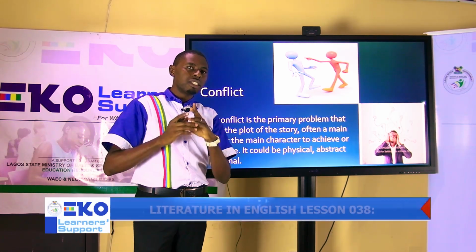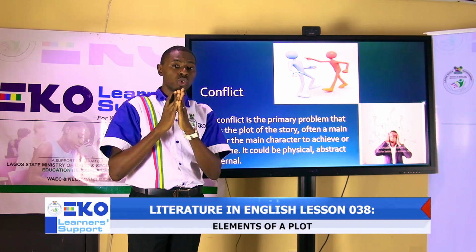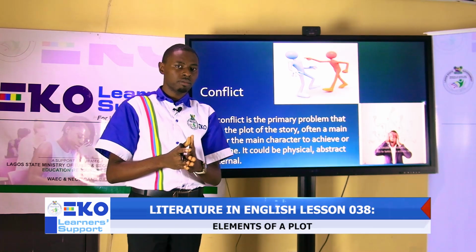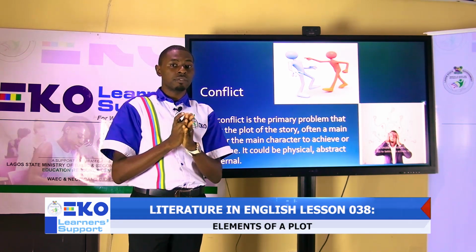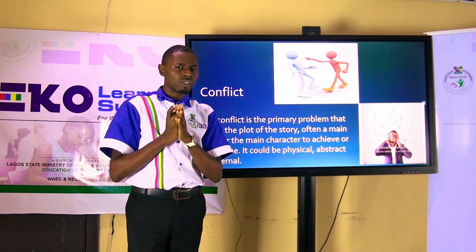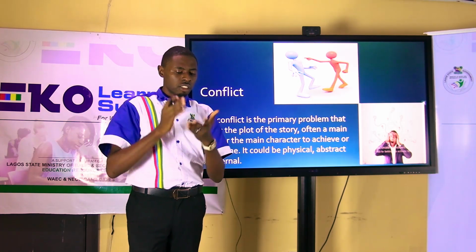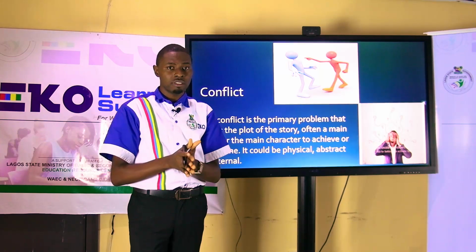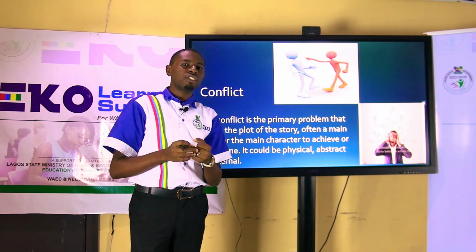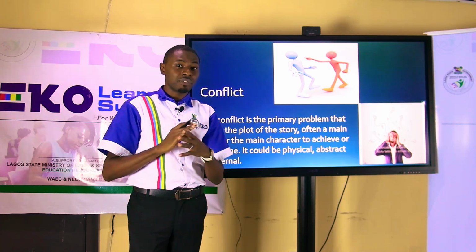When you talk of conflict, it really means there is a problem, and this problem requires a solution in this story. If you look at Once Upon an Elephant, for example, there is an underlying conflict in the text. And that is the fact that there is somebody close to the king, Akinjobi, who has done something very bad, very terrible.